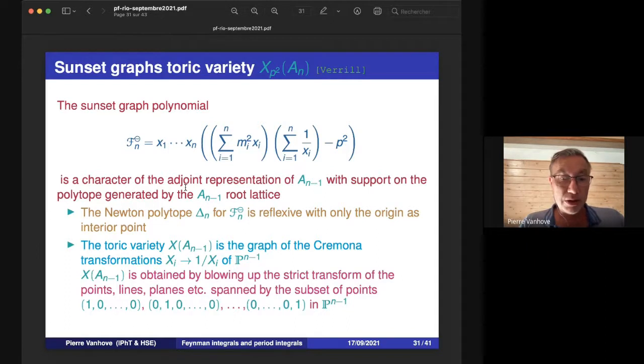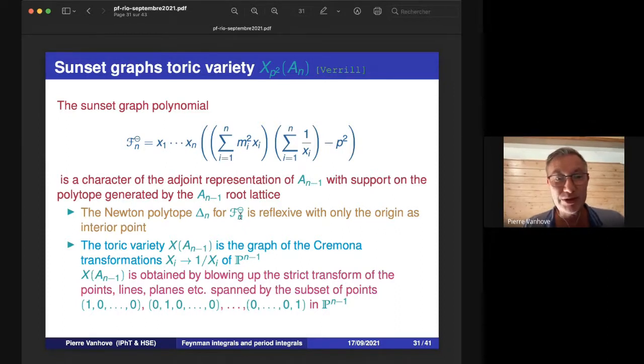Okay, so for the series of integrals that I've been looking at, this sunset family, where the graph polynomial is very nice, then the Newton polytope, so the polytope of my integral, is actually a character of the adjoint representation of A_n. So I mean, if you expand everything, it's a homogeneous polynomial, right?